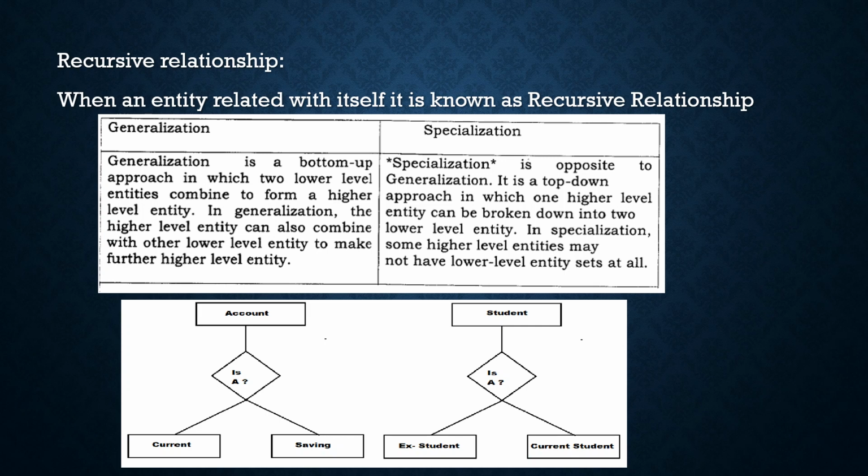In the previous one, generalization, we join current and saving accounts, which form an account. But under specialization, the example is student, which is further divided into ex student and current student. Okay, these are about generalization and specialization. So it's very important for your examination purpose.